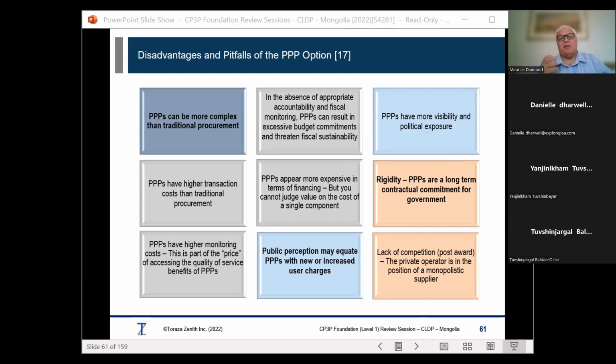So let's think about that public perception, equating PPPs with new or increased user charges. A very well-known example is South Africa in about 2010 when they had the World Cup. So they decided that a quick way of renovating their roads would be through PPPs. So the first PPPs they did were new roads and renovating roads. Unfortunately, the public believed that, well, they'd always use these roads free of charge.